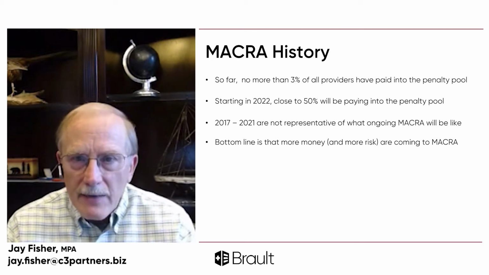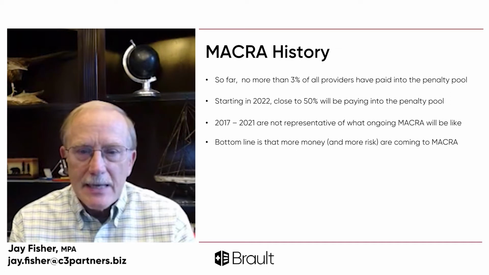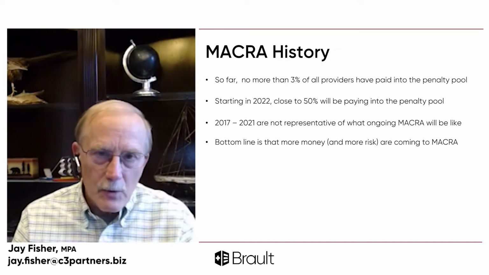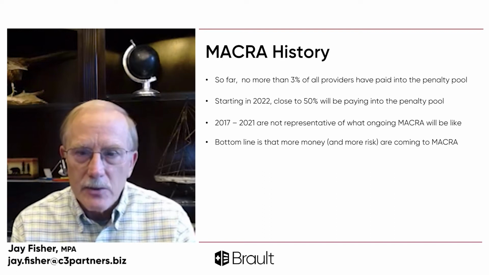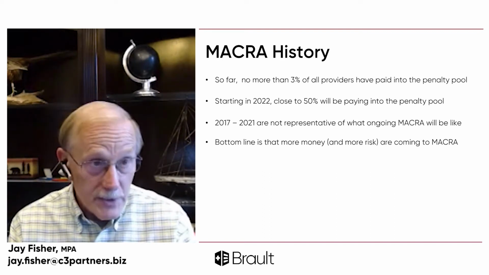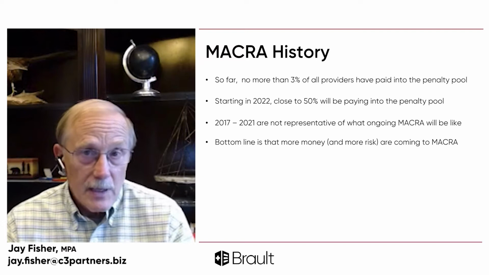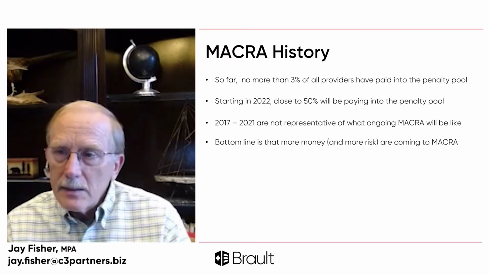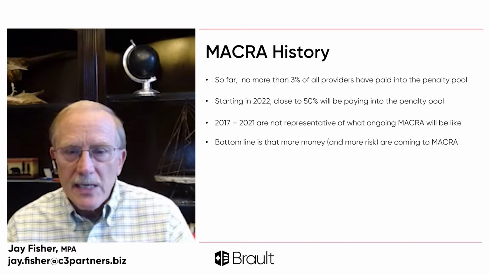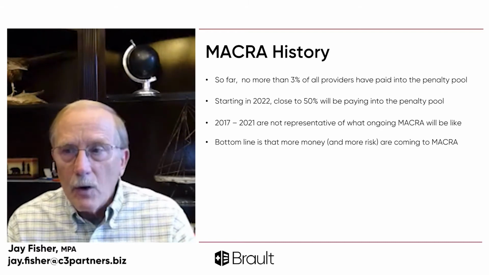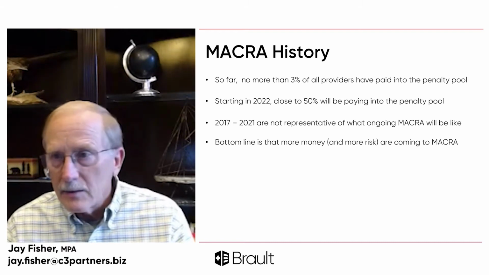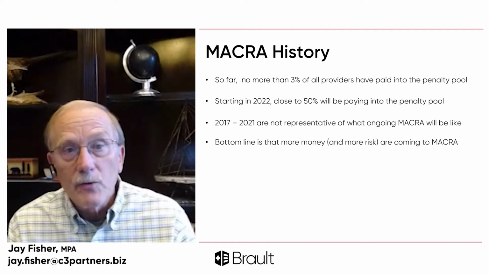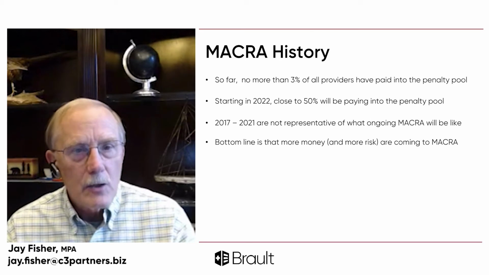What makes that first 5 years different is that CMS intentionally wanted to make sure that the MACRA program as passed by Congress was going to get full participation by all or almost all physicians in the country, and that the program was successful in driving quality performance up and costs down. So they wanted to have not only good participation but also good performance across the program.